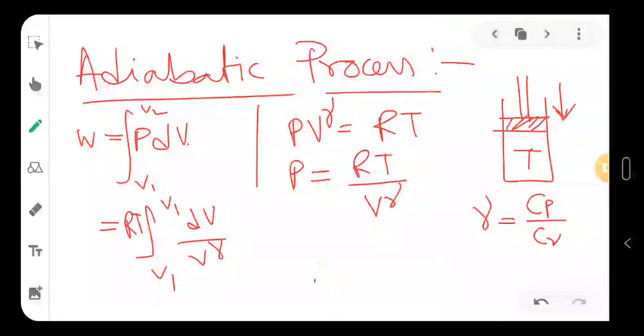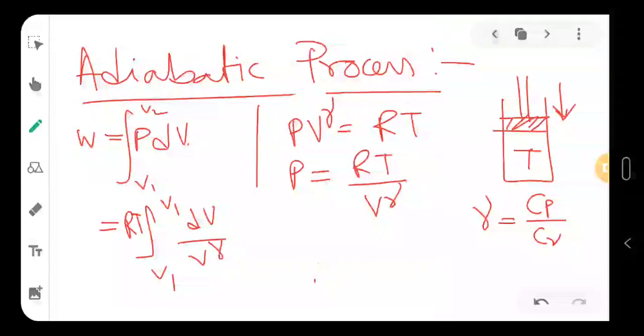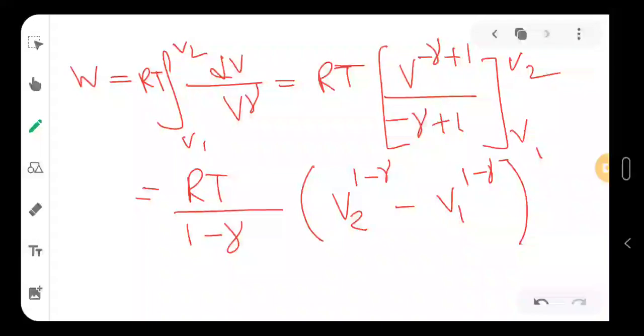So later on, instead of this V2 we can use the temperature as well. In that equation you can just substitute that value. Okay, so this is the work done in case of an adiabatic process.